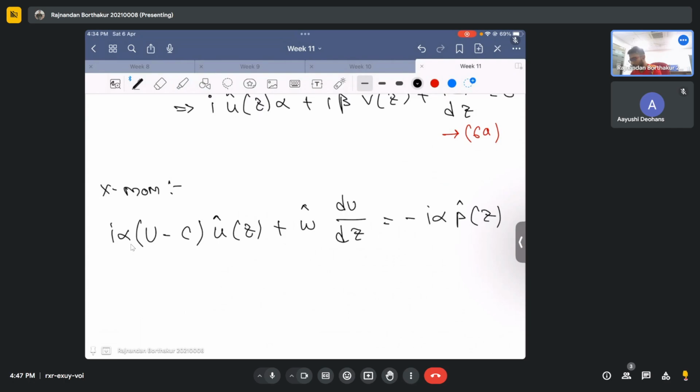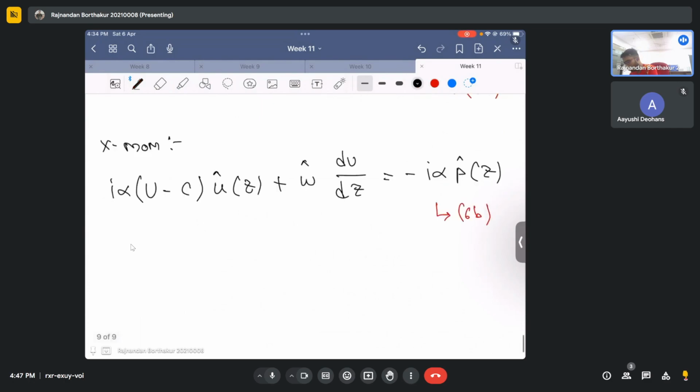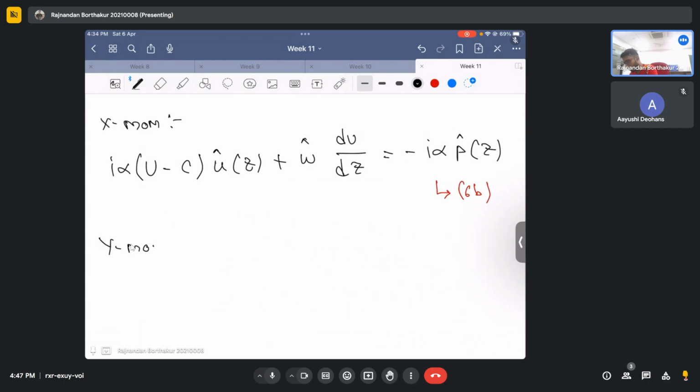All right. So this is your x momentum equation, 6b. Okay. And your y momentum equation is this. So again, I have not shown you the math. You can just do it by yourself. Just go on and substitute that in the equations that we derived.